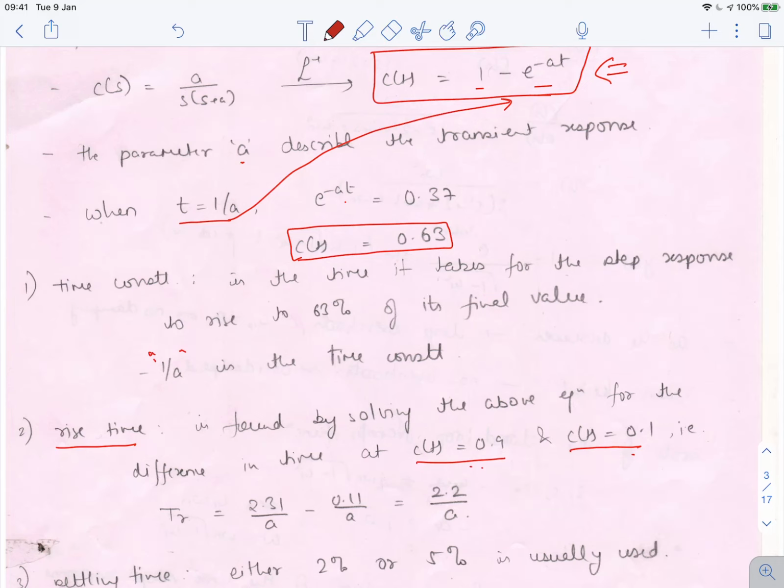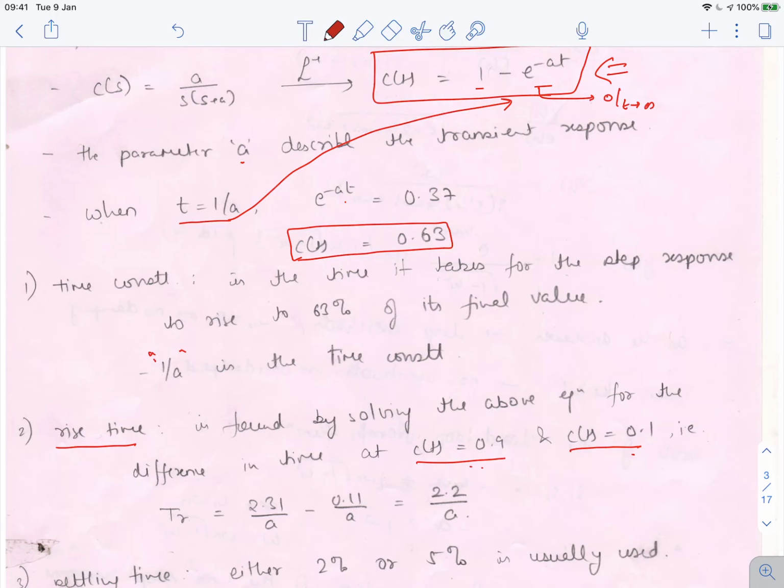The final value of c of t, I think it is straightforward to see, would be 1, because the exponential part goes to 0 as t tends to infinity and the remaining part is 1. That's why we have put 0.9 and 0.1. Otherwise you have to take the 10% and the 90% of the final value.